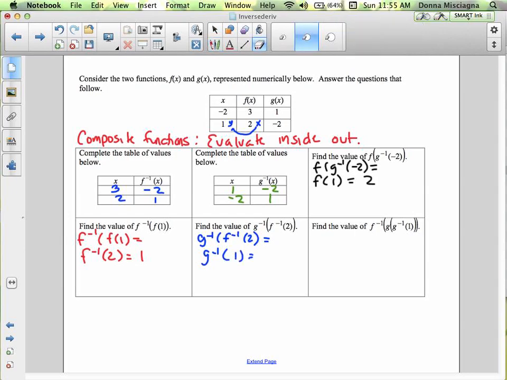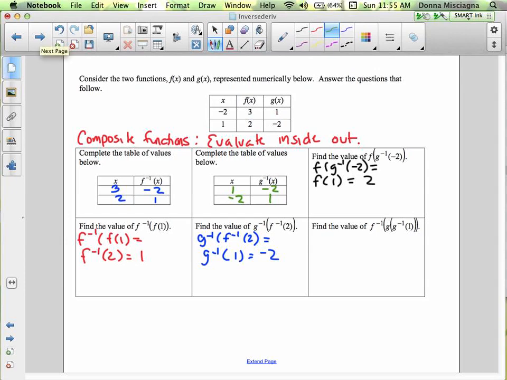The y value for g of x is the x value for its inverse, and if I plug that in, I'm going to get negative 2. And that's all there is to it. Just remember that for the inverse, the value of x was the y value for the original function. Let's take care of the last one here.